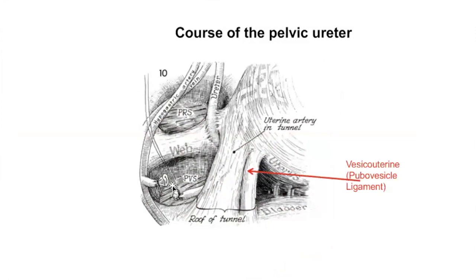Been cut and ligated, and here's the uterine artery coursing towards the bladder. And this uterine artery, medial stump, is pulled up over the ureter, so that this tissue, the remaining portion of the ureteral tunnel, can be transected. And we'll see how that happens in a minute.